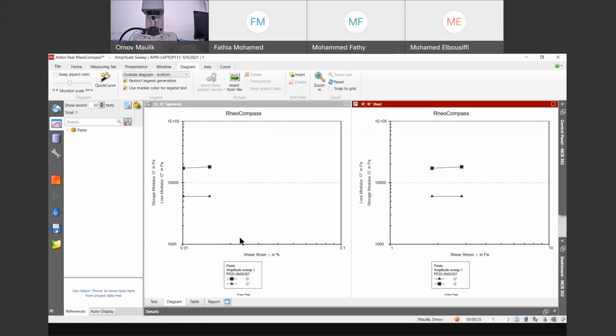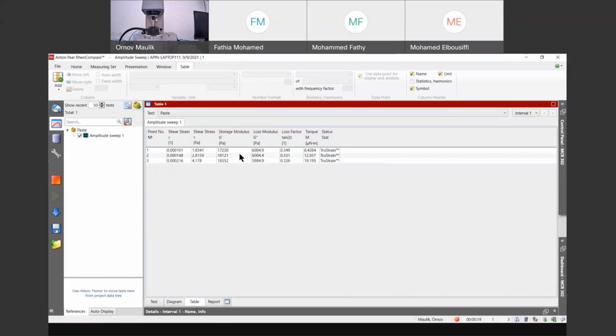Although we are working in a controlled shear strain mode, you can still get a plot of shear stress against G prime and G double prime. All the data, you can see the details over here: the storage modulus, the loss factor, and the torque. Loss factor is also our damping factor.